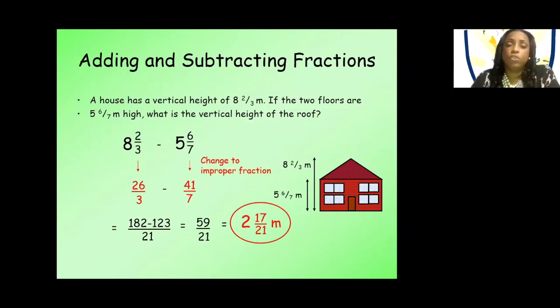Good stuff. Do you have anything left over? Yes, you have a remainder of 17. What do you do with the 17? You put it over the same denominator, which is also called our LCM.